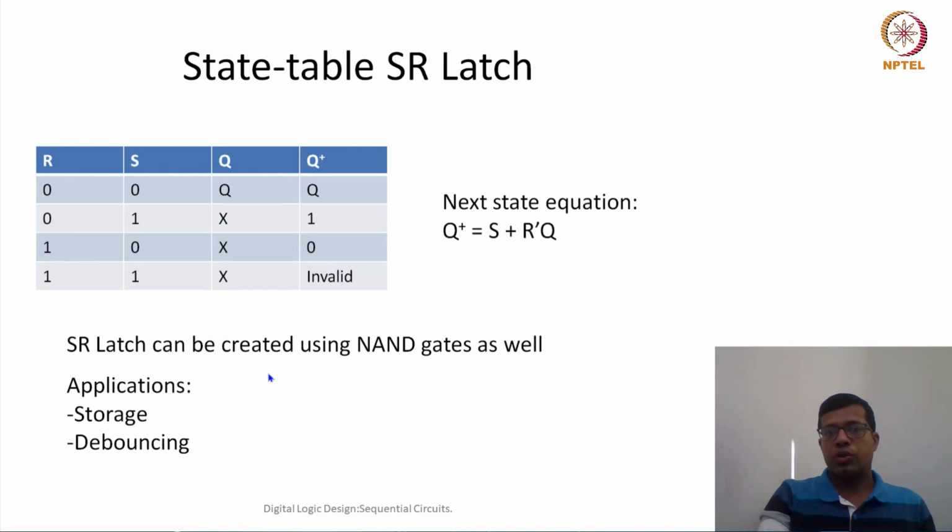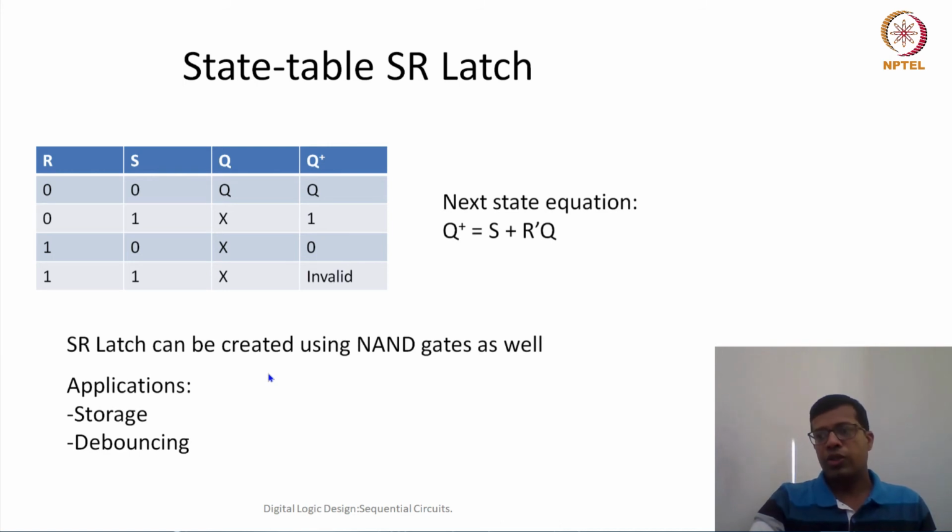If we have created such SR latches, they can be used in several applications, like storing values. The other interesting application is debouncing. Debouncing means that we have a place where the input keeps on fluctuating.